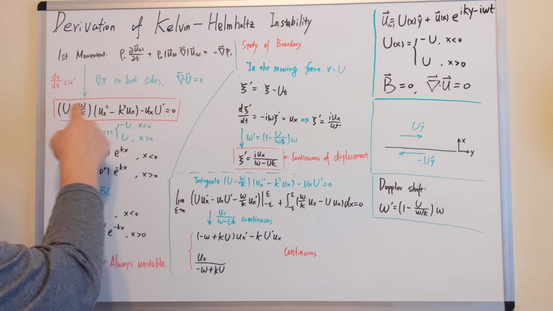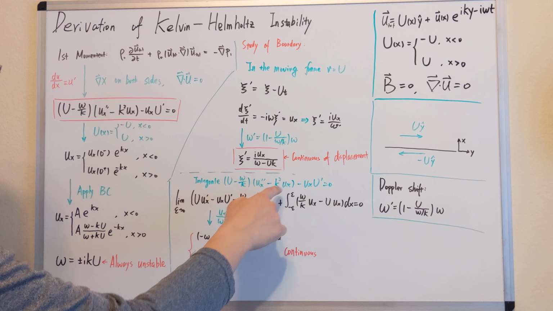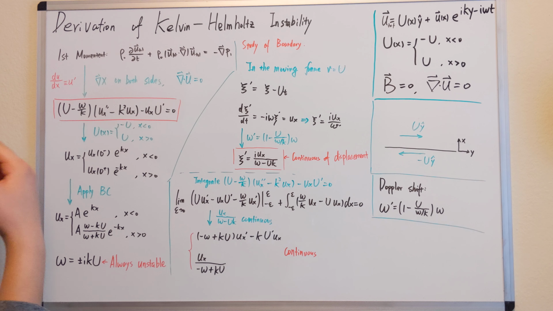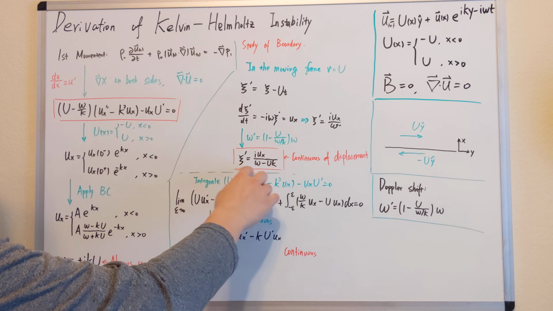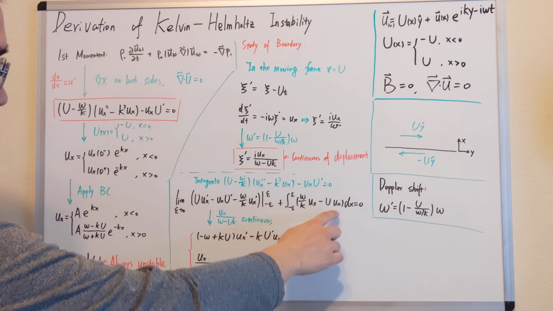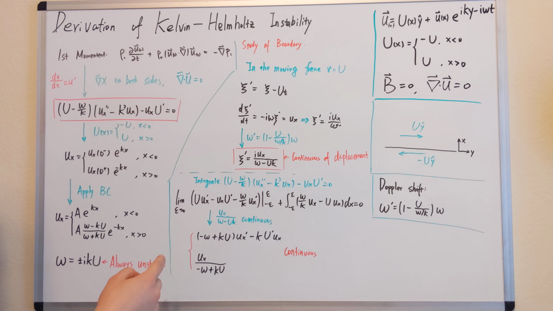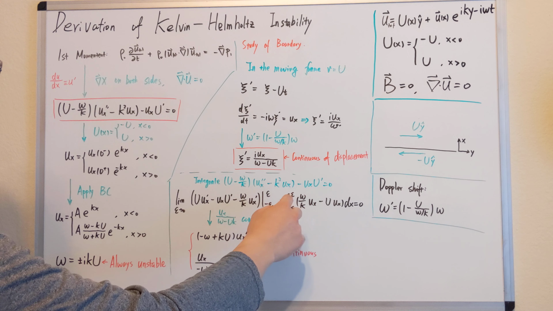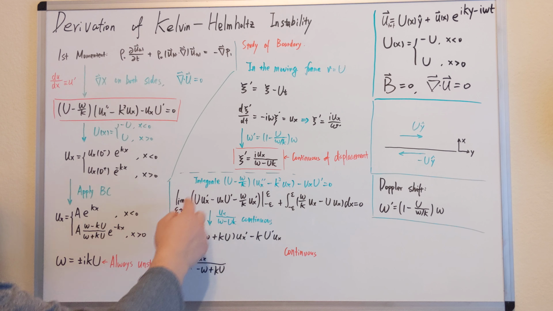Then we integrate this equation by parts. After some algebra and cancellations, we have this expression. As you can see, this quantity resembles this part. So if this is continuous, then this should be 0, and that means this has to be continuous.